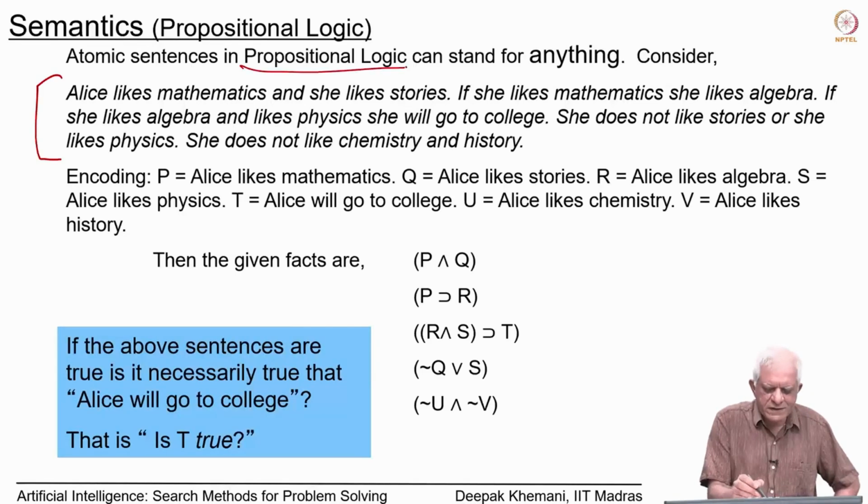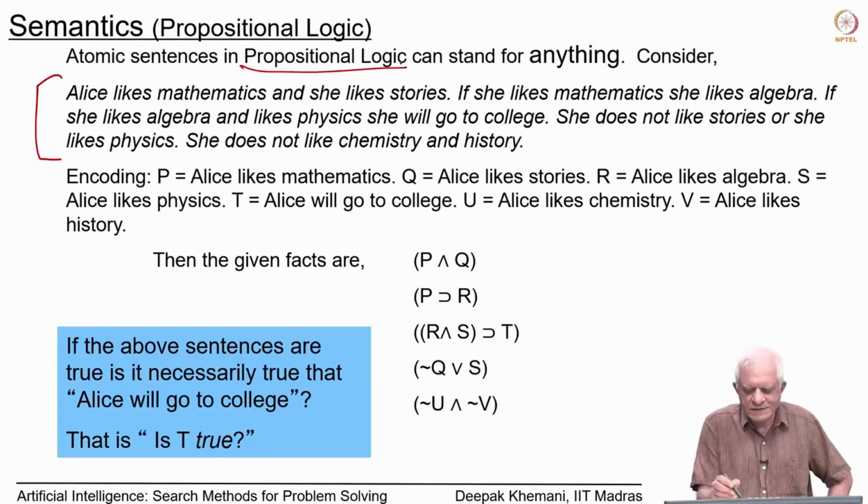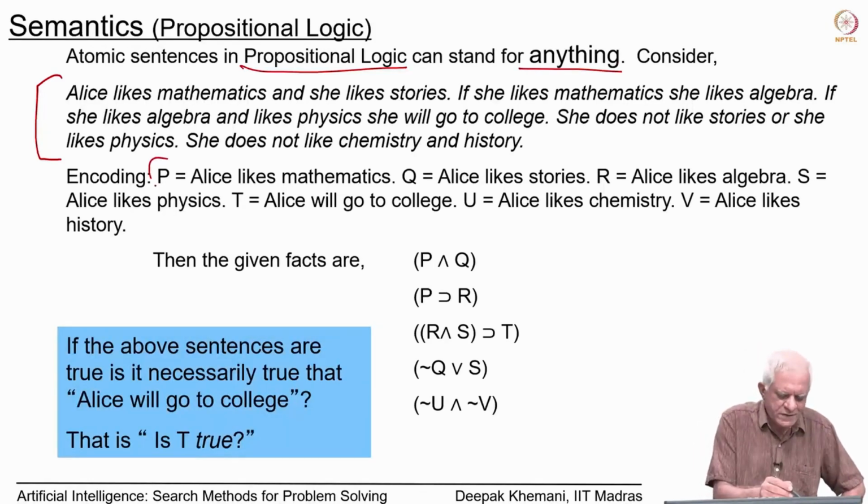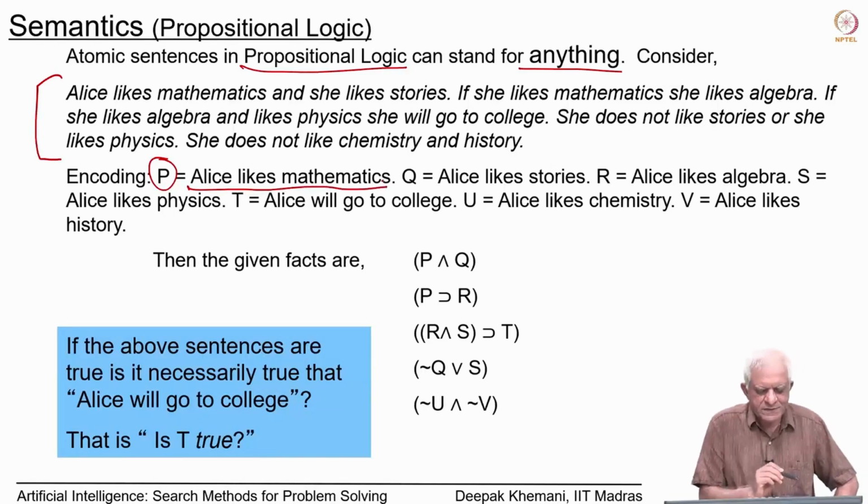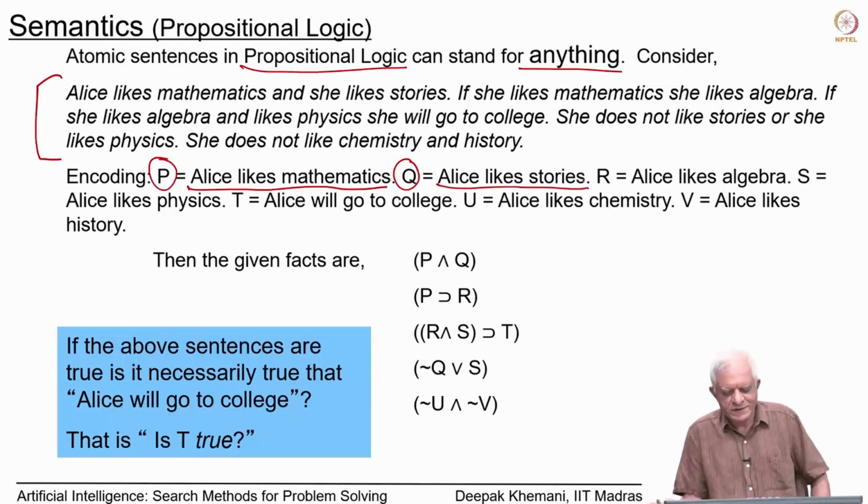In propositional logic, which is simpler than first order logic, a sentence can stand for anything essentially. So, we have a sentence called P. It says that Alice likes mathematics, and we have another propositional symbol called Q, and this says Alice likes stories.